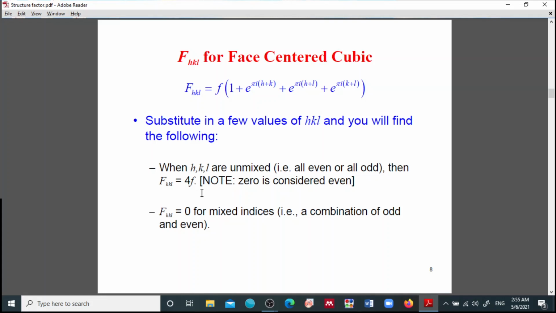And as far as the mixed indices are concerned, for instance, you can have 2 evens and 1 odd, or 2 odds and 1 even. So this is a mixed combination, and then the final amplitude will be a null result, and these types of atomic planes will not diffract.